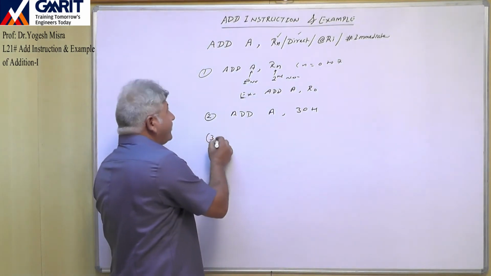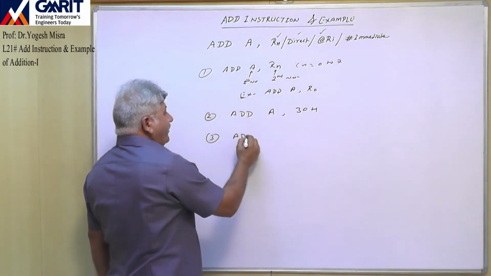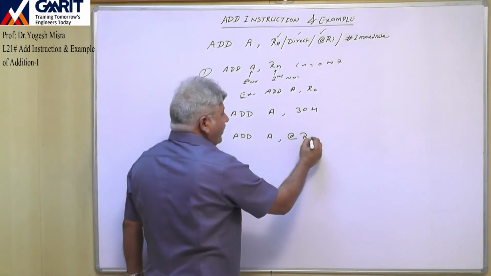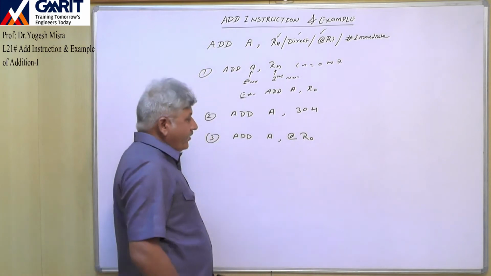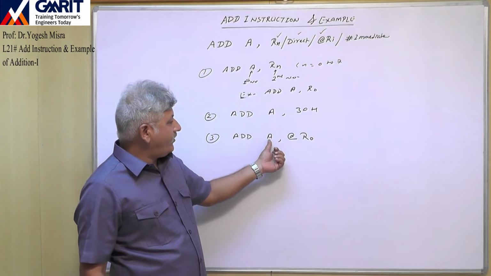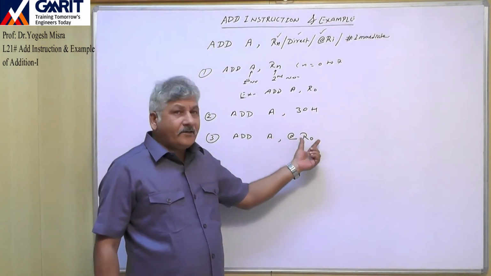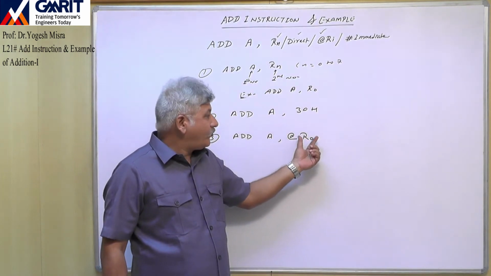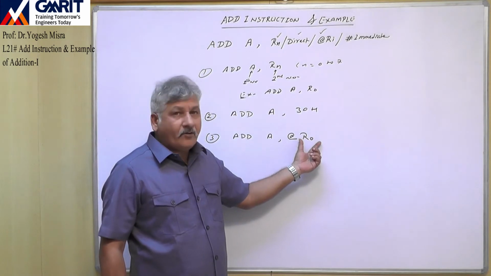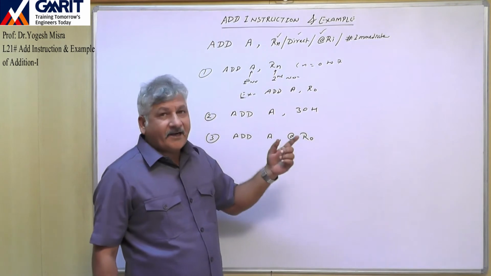Now the third form of this instruction is add A, comma, @R0. In this case the first number as usual is in A register, and the address of the second number is pointed to by R0. Whatever is the value of R0, that value specifies the address of the second number.